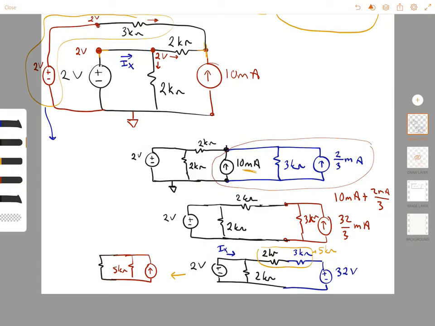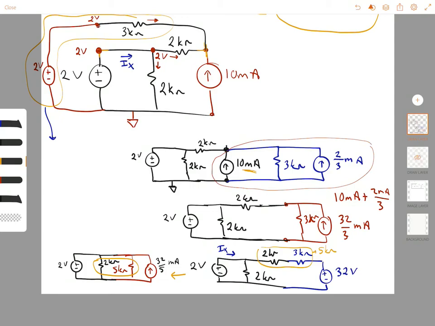Now I have a 2 kilo ohm that becomes parallel to that, and I have a 2 volt supply. Need to know what is the current supply value. 5 kilo ohms times the current supply value is supposed to give me 32 volts. So this is 32/5 milliamps.